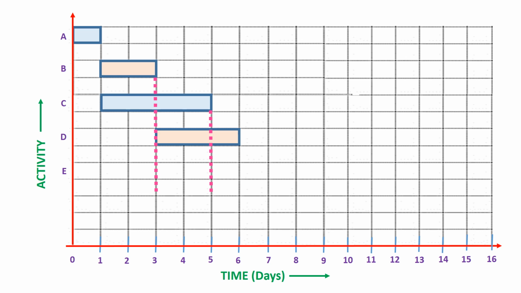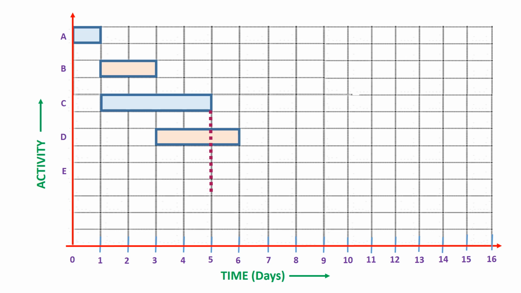Now as they have given in the relation, activity E can start only after both activities B and C are completed. Therefore, we can see from the Gantt chart that both activities B and C will be completed at time t equal to 5. Whereas at time t equal to 3, only activity B is completed, but C is still not completed.